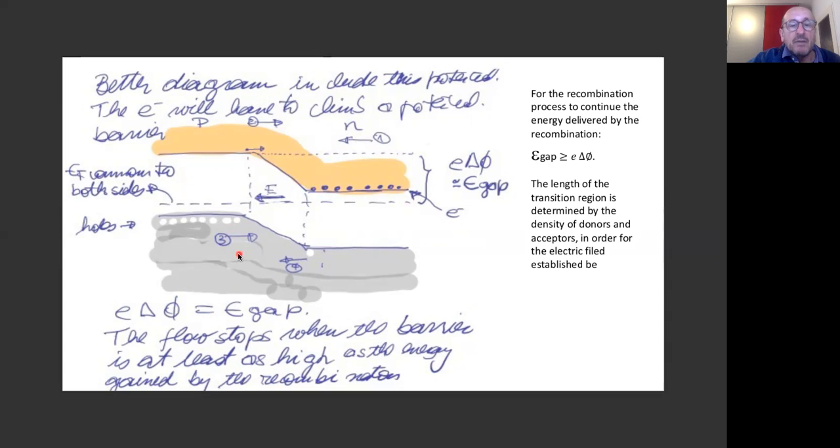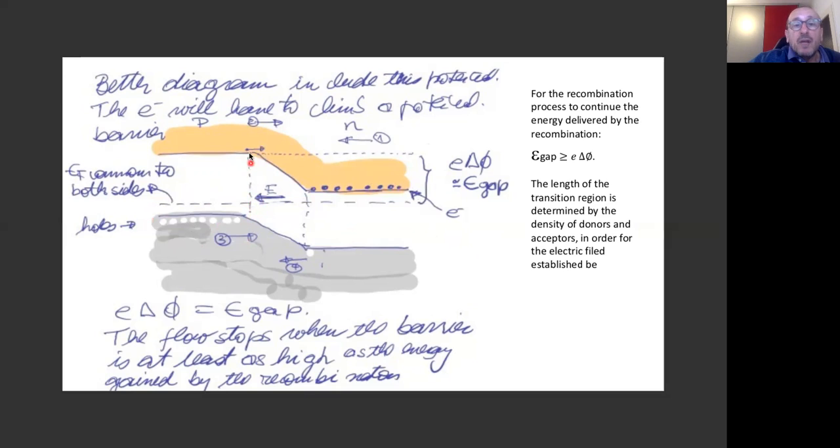For the holes that have a thermally excited energy above this level here, I can get from here to here, which means it will move in that direction. So this is the main current associated with the electrons. That is the main current or process associated with the holes. And then there are the minority carriers.